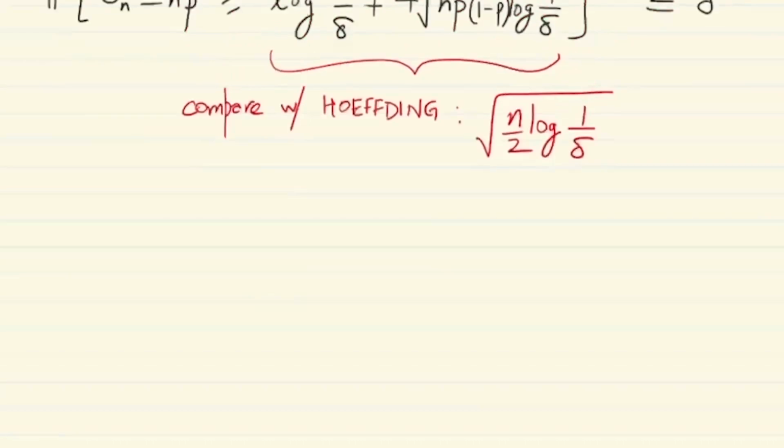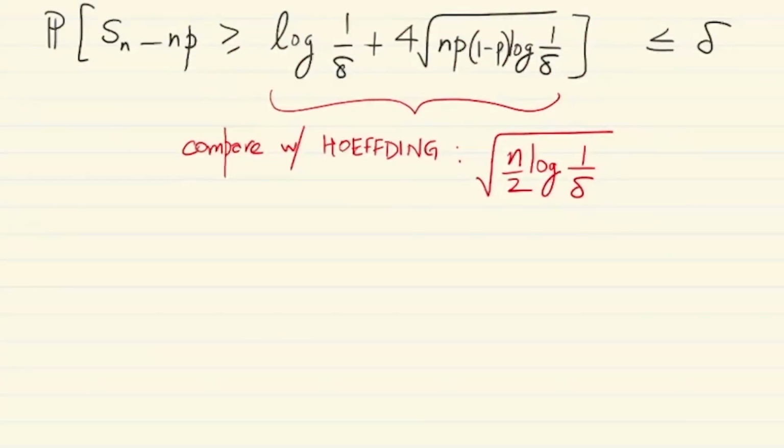One way to compare this is to say that delta is set to some small fixed constant, so log 1 by delta is a constant, and n is a fairly large number. Here this quantity goes basically as square root n, whereas this quantity goes as square root of n into p(1 minus p).